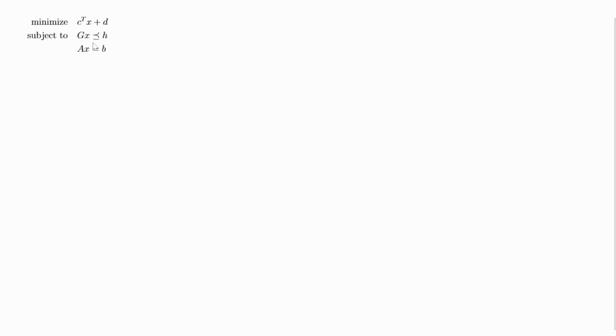But it's subject to constraints, and the optimal value is x star, which minimizes this objective function. So notice that d is redundant because the optimal values of x will be the same regardless of what d is. It's just a constant. So usually people just drop it. And you can also maximize an affine objective. You just flip the sign and it's still convex.